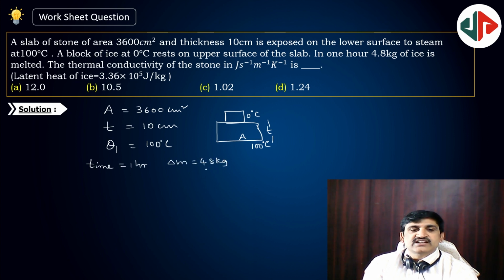So how much heat is transferred? The rate of heat transfer, dQ by dt, is equal to ML by time.